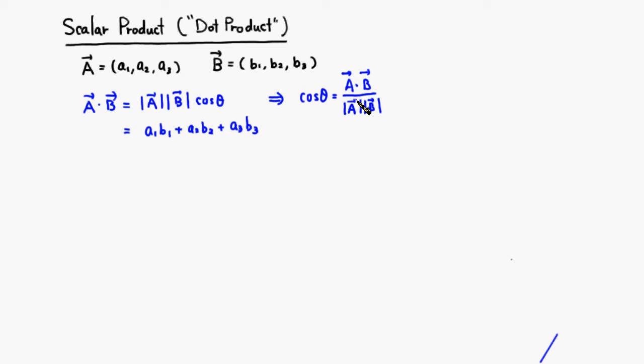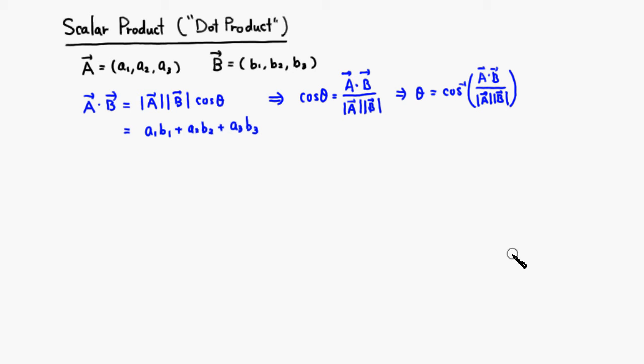If we really want to solve for theta, we can take the arc cosine of both sides. So theta can be found by the arc cosine of A dot B divided by the magnitude of A and the magnitude of B. Alright?